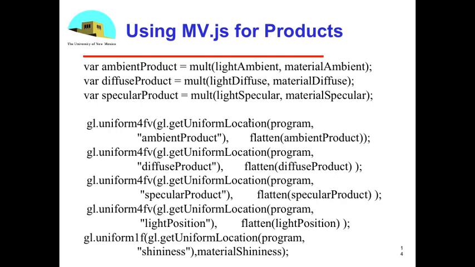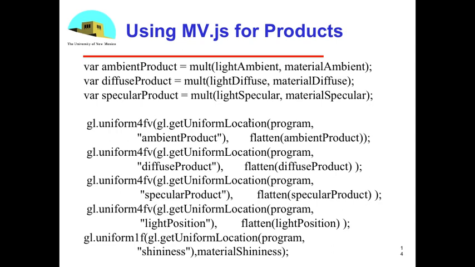When the mult function is given two vec3s or vec4s, it will multiply them component by component. It detects the size of the entity that you're putting in. So I can get these ambient product, diffuse product, and specular product, which is just multiplying together the K's and the intensities, the ambient, diffuse, and specular terms for the light with the corresponding ones for the material, and that will make the code look a lot cleaner.